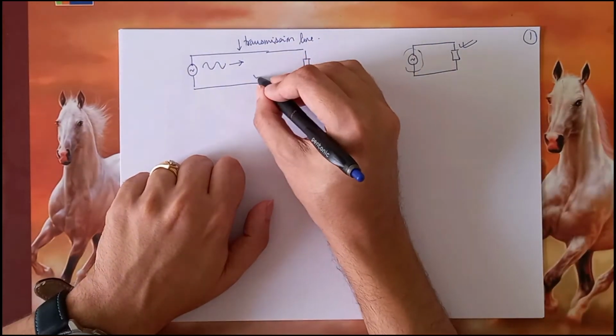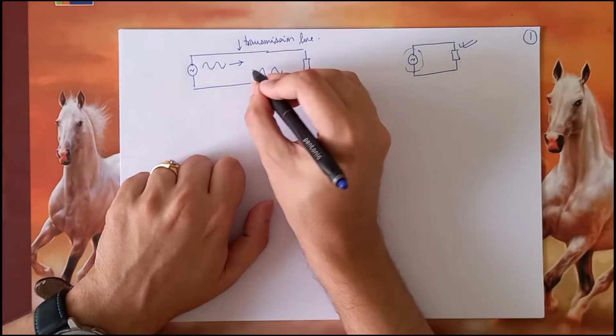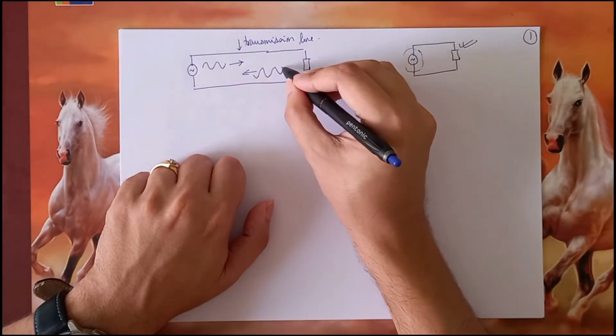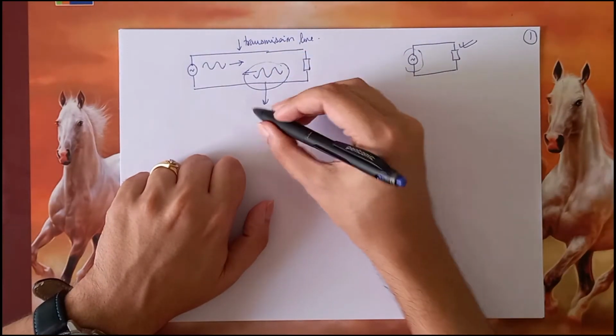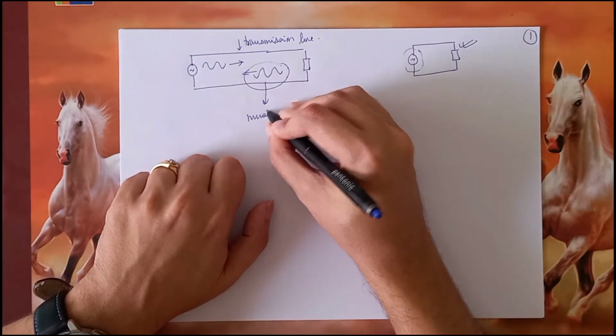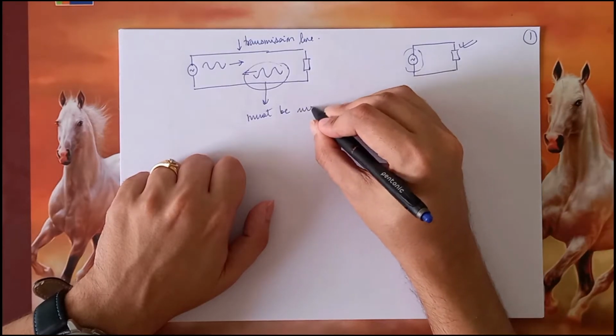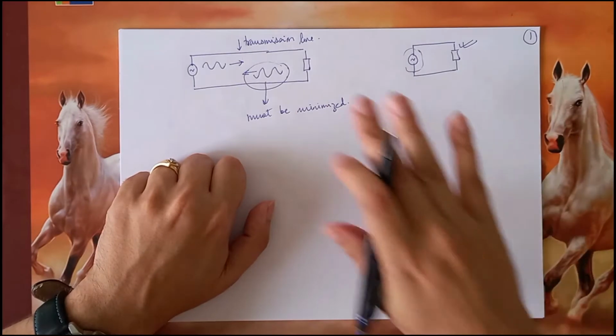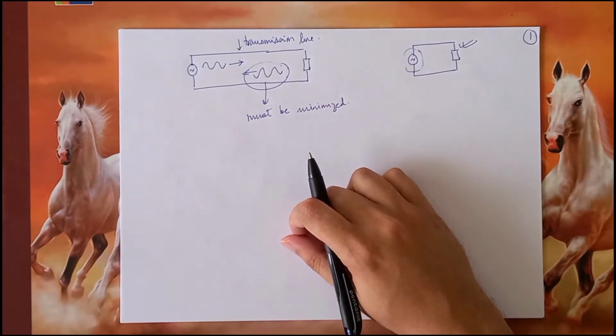So as we know, there is some reflection which may happen from the load. So our idea is that this reflected wave must be minimized. That means the reflection coefficient at the load must be made 0.